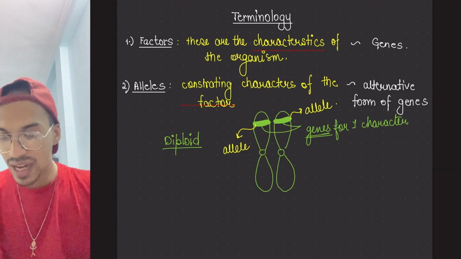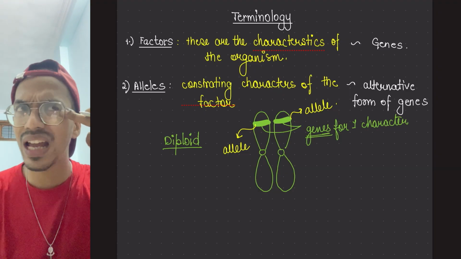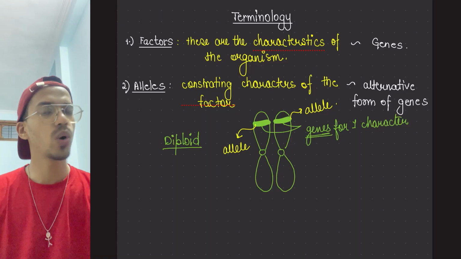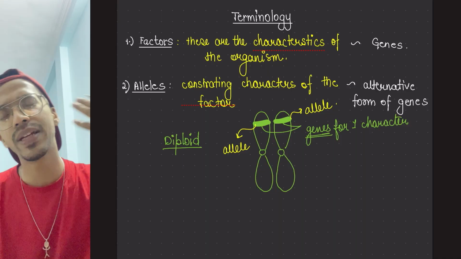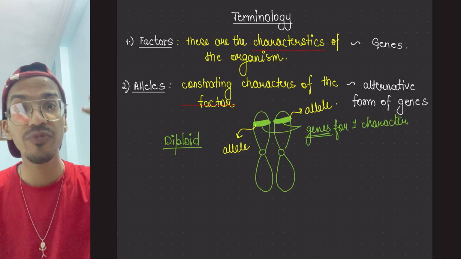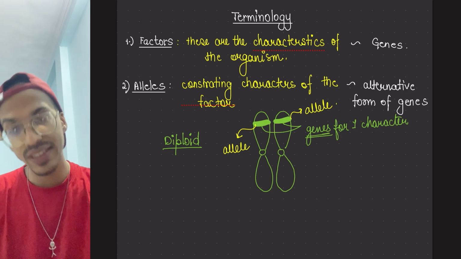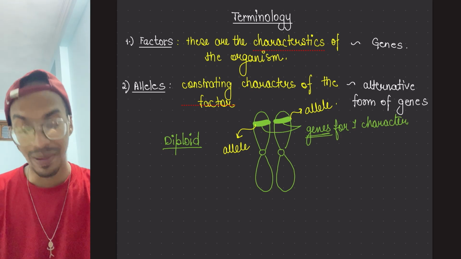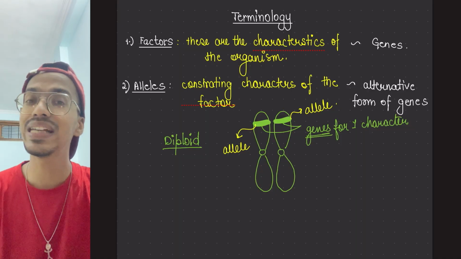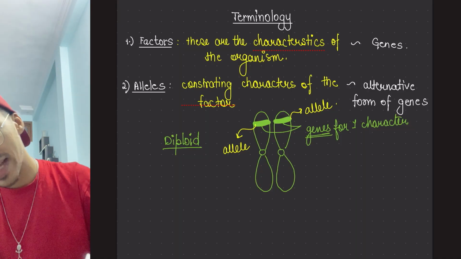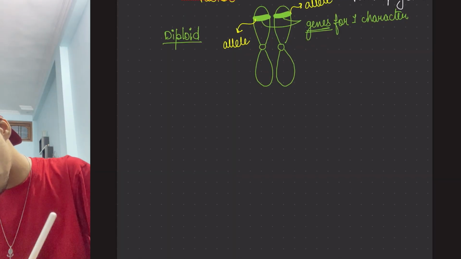Now I said that my eye color appears to be brown. Although my mother has blue and my dad has brown, my eye appears one single color. This physical appearance of any factor, by any one allele, is known as phenotype. The next thing that we will be learning is phenotype.